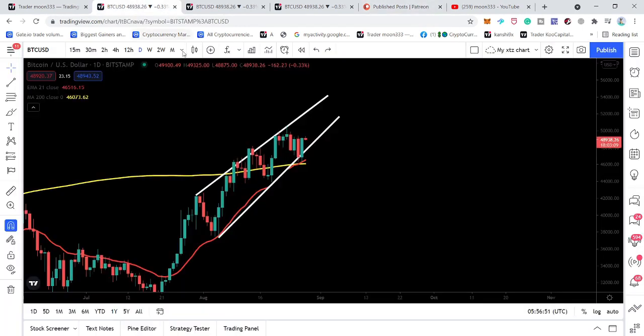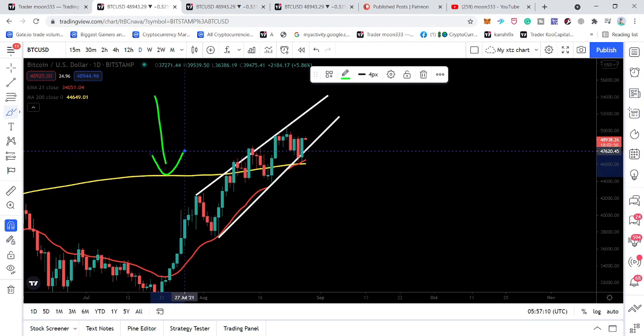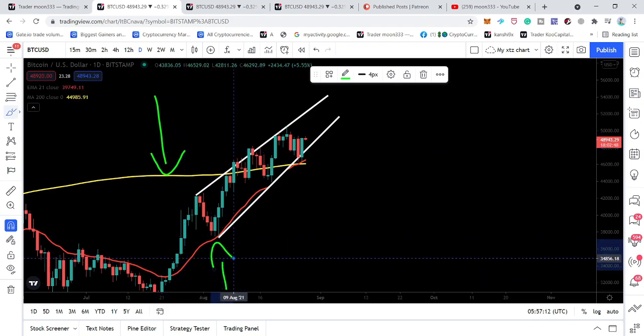First of all, let me show you this chart. This is the daily time frame, and yesterday we were watching that we were below the support of the rising wedge, and I told you guys that we also have some additional supports as well. Like we have this 200 simple moving average. This yellow line is the 200 simple moving average, and this red line is the exponential moving average 21.